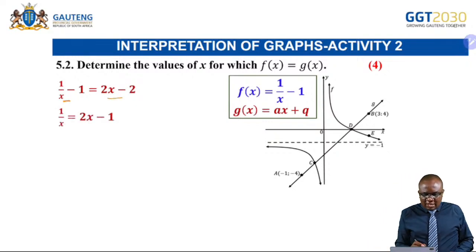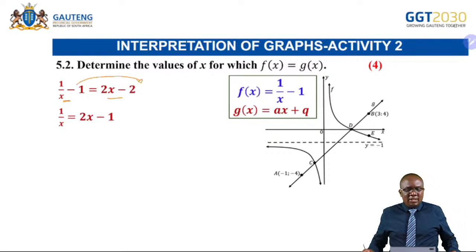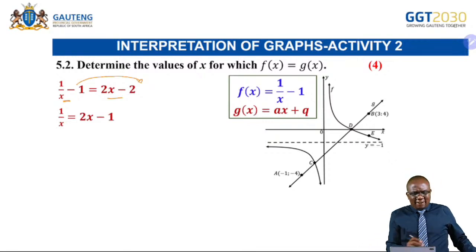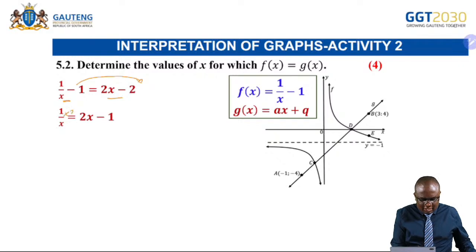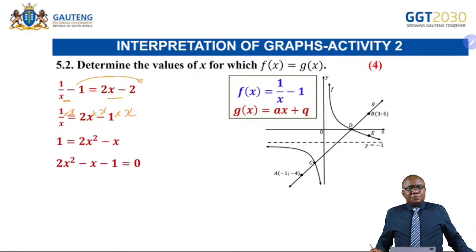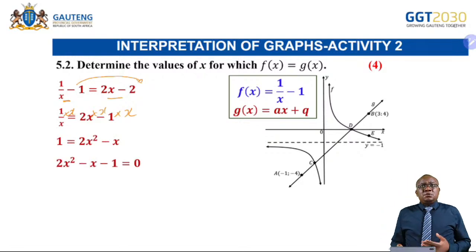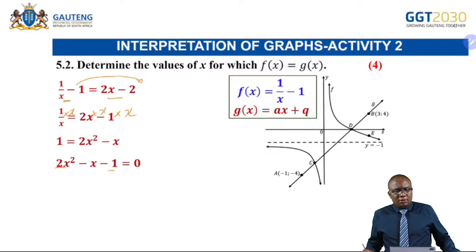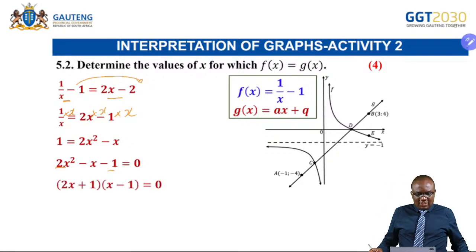I brought negative 1 this side, it becomes plus 1, and then negative 2 plus 1 is negative 1, and then we multiply everything by x, and you get this. Now we have to do the long method for factorizing this, using your own method, we must factorize and get these two factors.